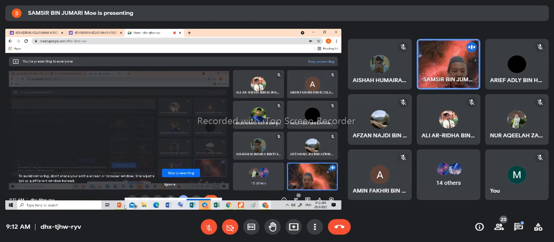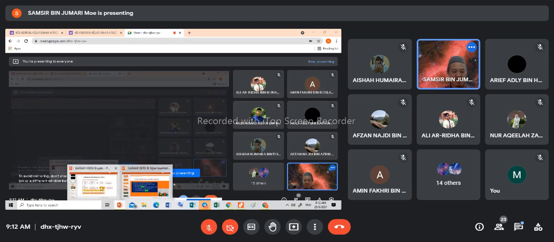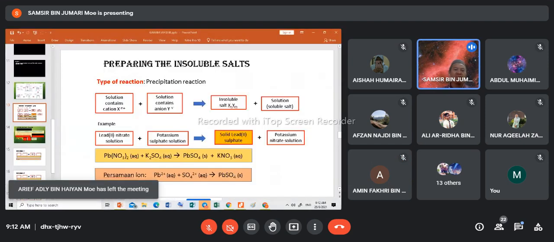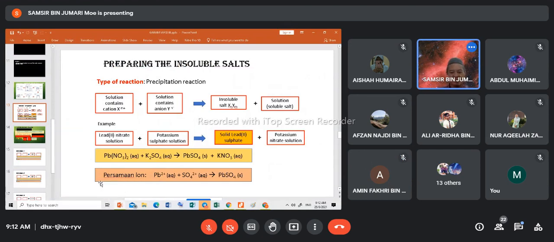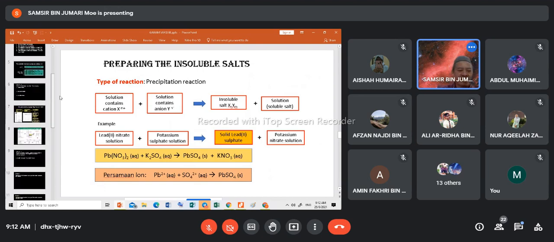Okay, so the other type of the salts is the insoluble salts. Any student can give me an example of any insoluble salts? Okay. We have learned it before.